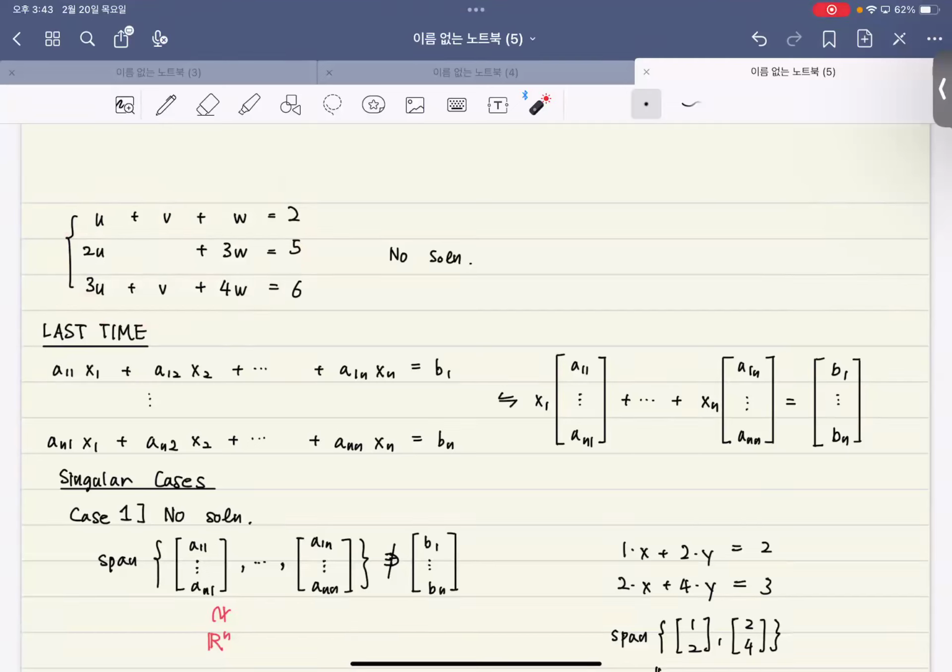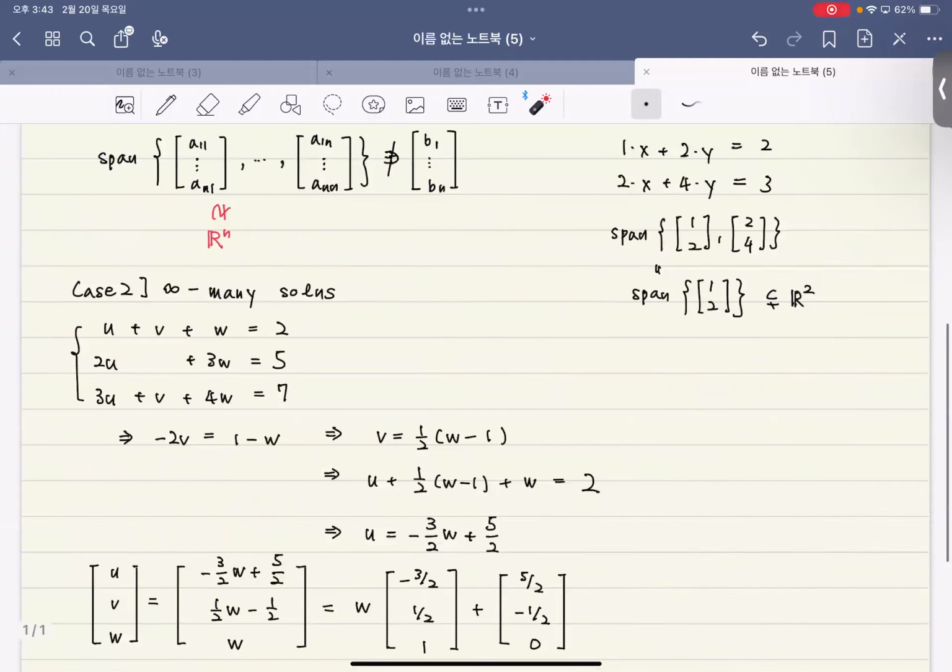The only difference is the right-hand side, this 256, 257.